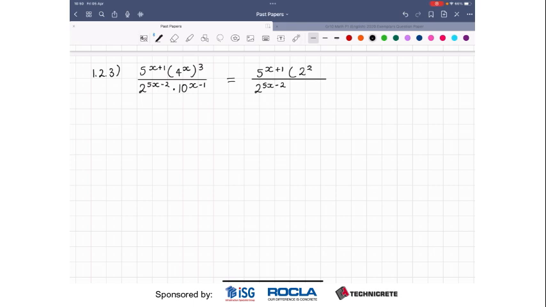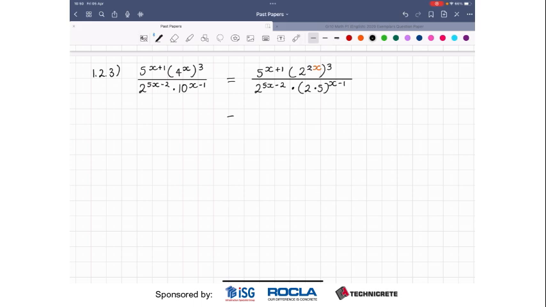And that 2 squared is still going to be multiplied by the x exponent, and then that's all going to be raised to the power of 3. And then for the 10, I can separate my bases into 2 times 5, and this is all still raised to the same exponent, x minus 1.